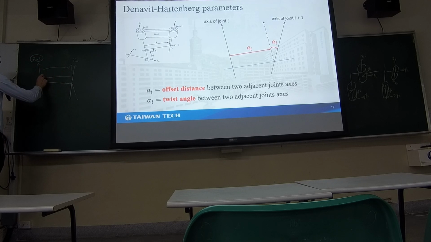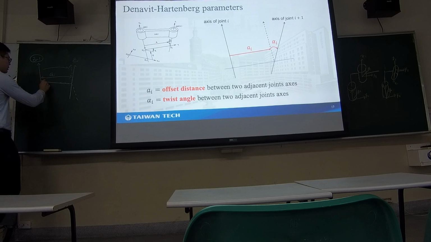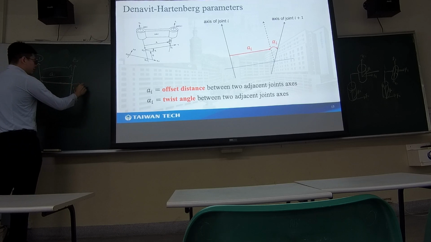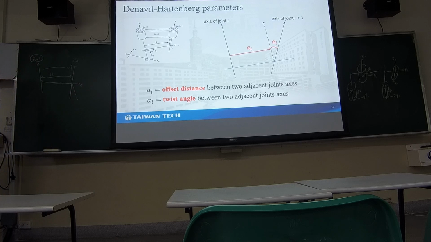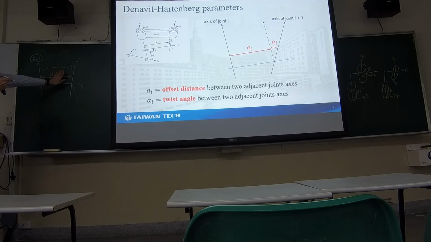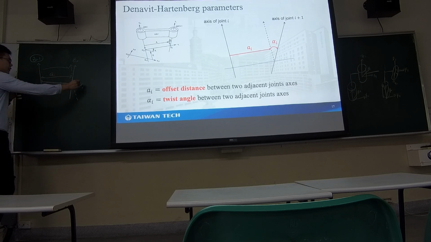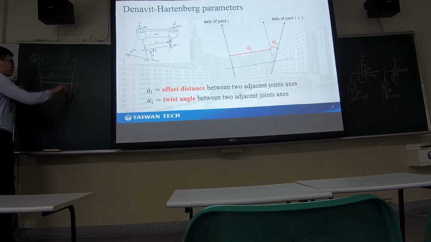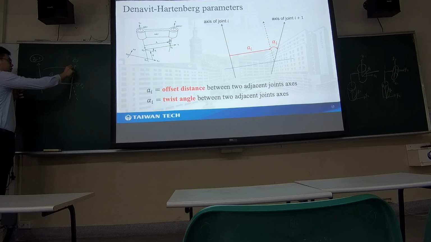So this distance will be ai. And this line is the x-axis. If you rotate about the x-axis in this direction, then you get alpha.